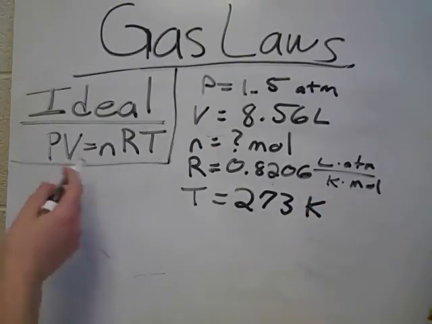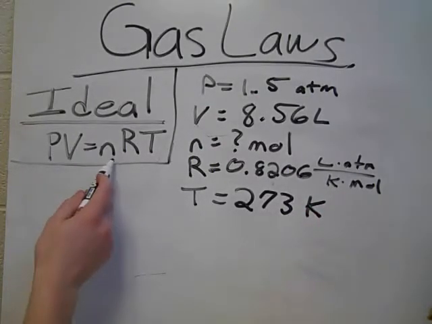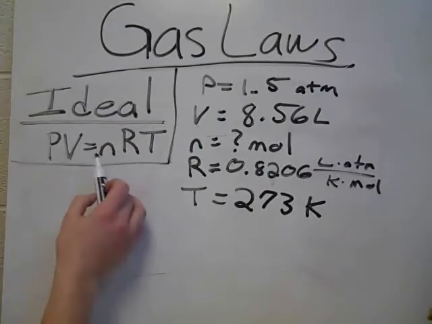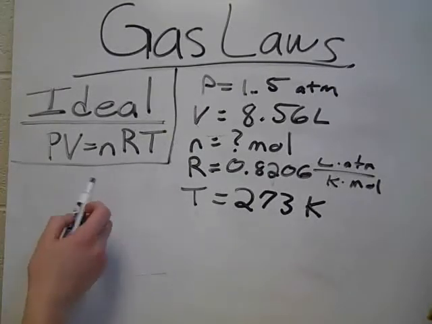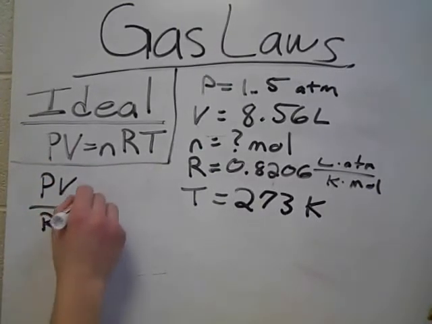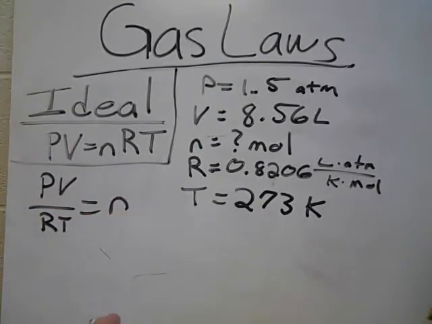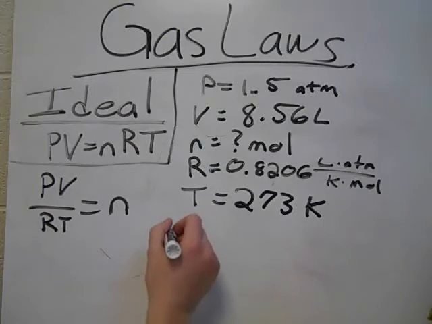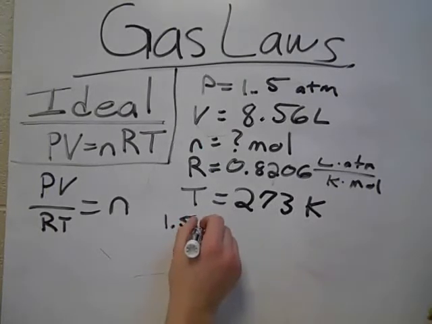Okay. So now we have this equation, we have to manipulate it to solve for n. So all we do is divide both sides by RT, which is going to give us PV over RT equals n. So now all you have to do is fill in your knowns. So P is equal to 1.5 ATM.